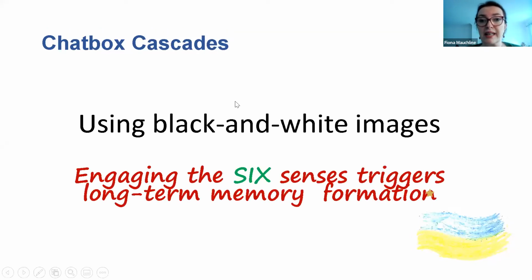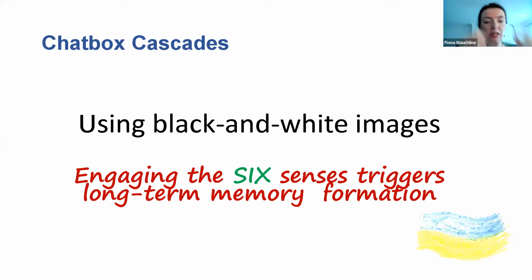Now we're going to do another cascade with a photo. The photos I use for this kind of activity are always in black and white, or they don't have many colors. Because when you use colored images, the color occupies a lot of the brain's cognitive functions.